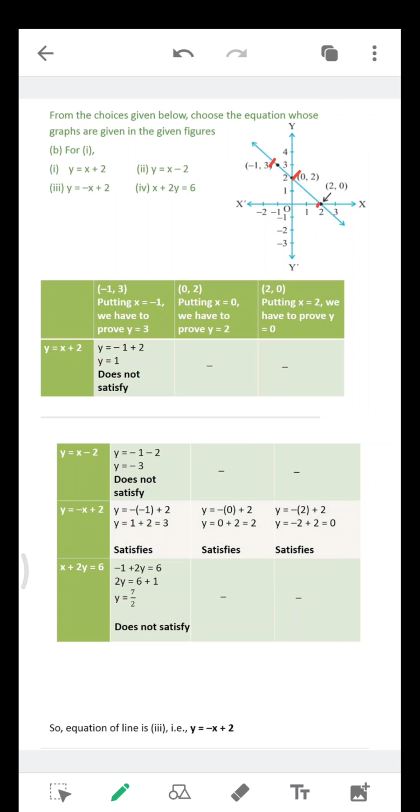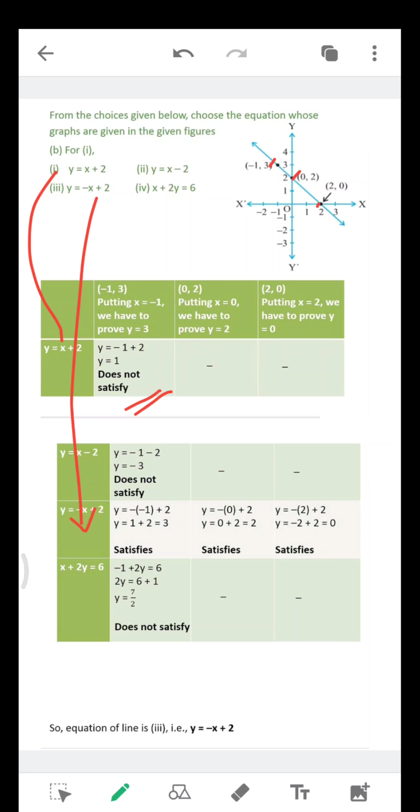So we are substituting in the first and it does not satisfy. We are substituting in the second, that too doesn't satisfy. Then we are substituting in the third, and the third equation satisfies.